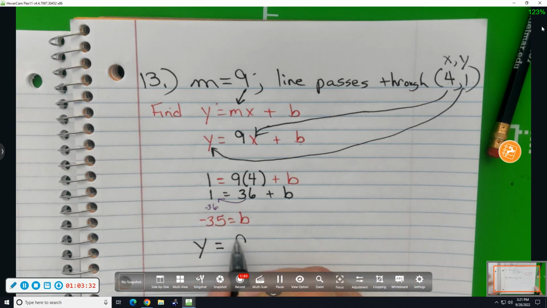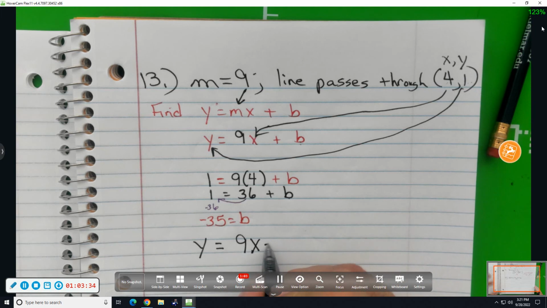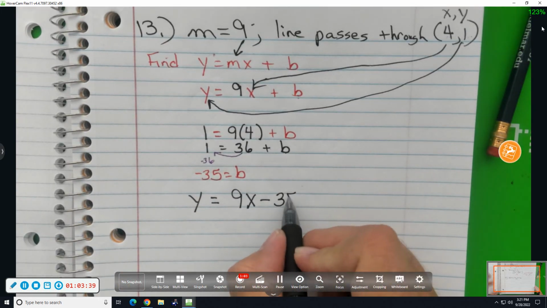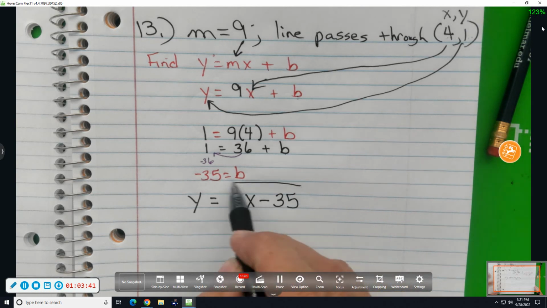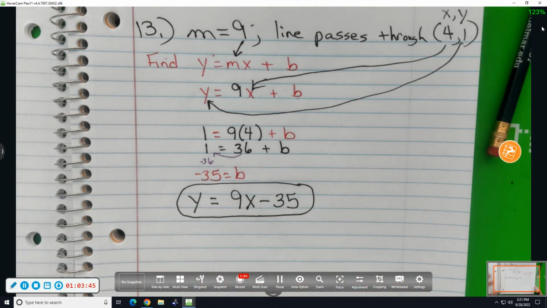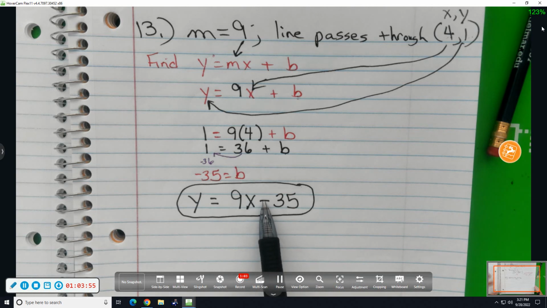Y equals 9x minus 35. I'm putting the minus here. Plus a negative is the same as a minus.